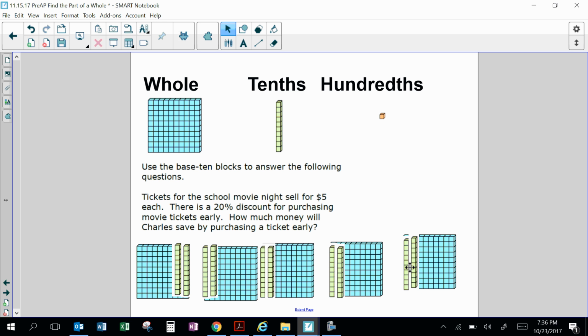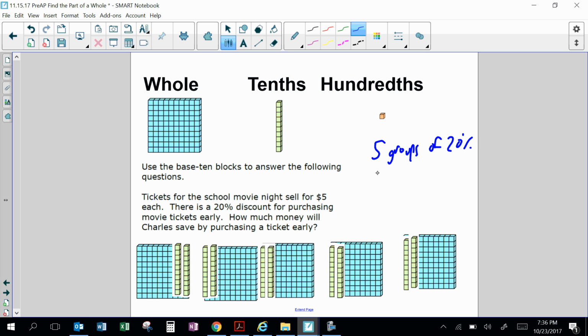So what is 5 groups of 20%? Or another way is, what's 5 groups of 20 hundredths?